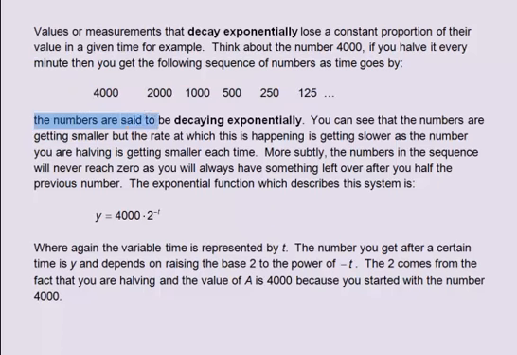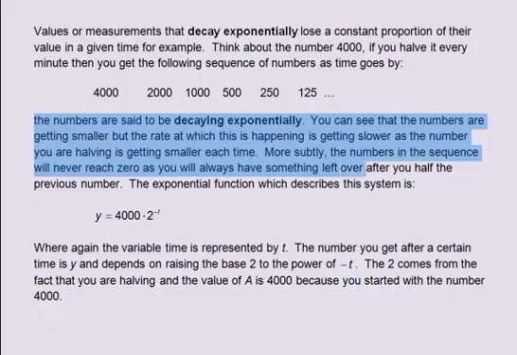The numbers are said to be decaying exponentially. You can see that the numbers are getting smaller, but the rate at which this is happening is getting slower, as the number you are halving is getting smaller each time. More subtly, the numbers in the sequence will never reach 0, as you will always have something left over after you half the previous number.